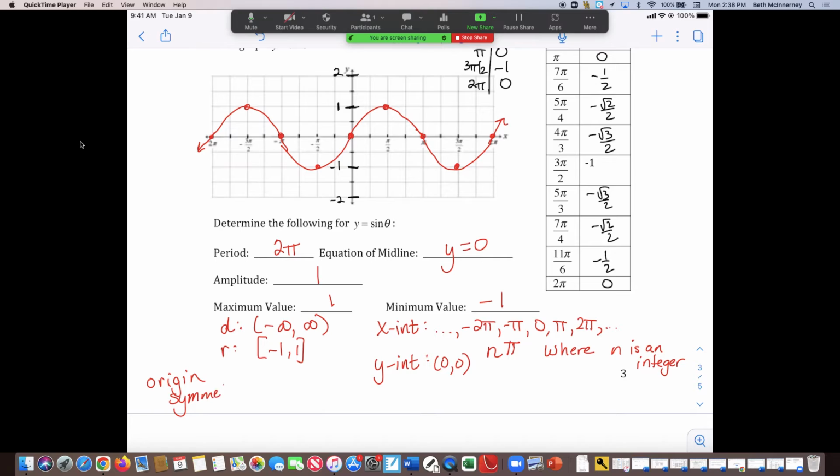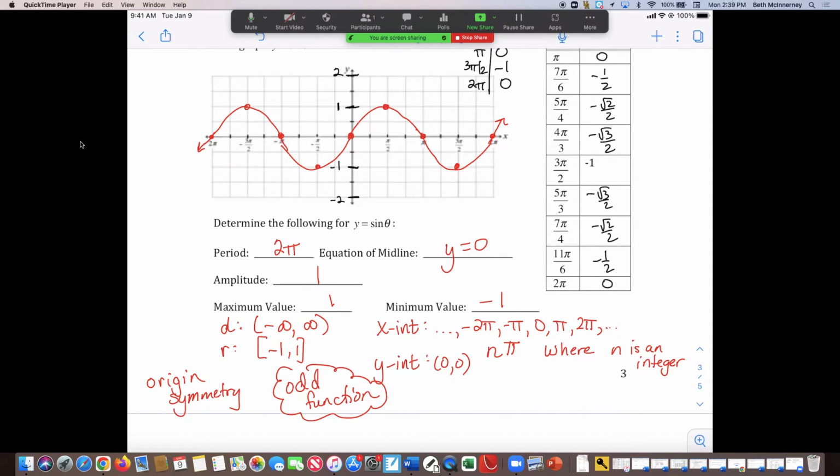When you can take your graph and rotate it 180 degrees and it looks the same, this is also an odd function. So this is going to be important, maybe not for this course, but for your next course, and if you're going on to calculus eventually in high school or in college, we need odd functions.